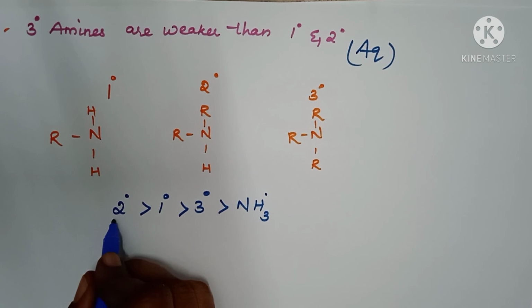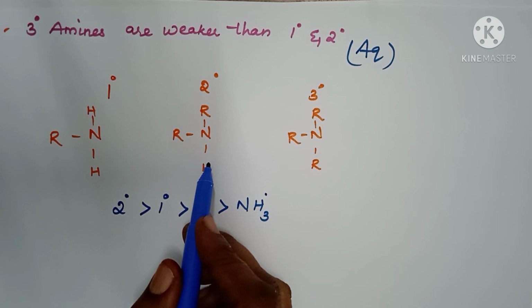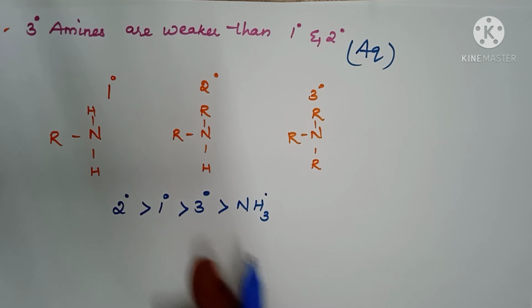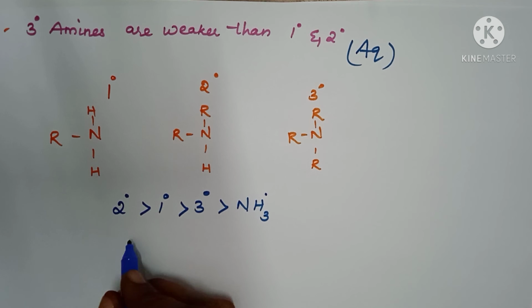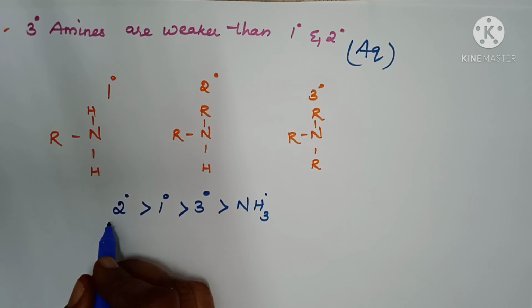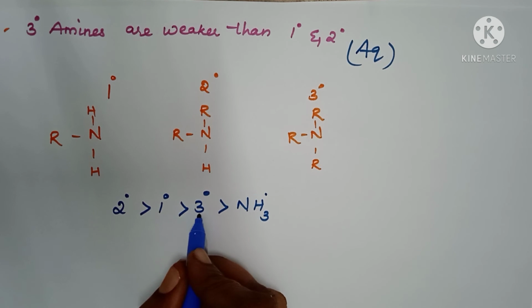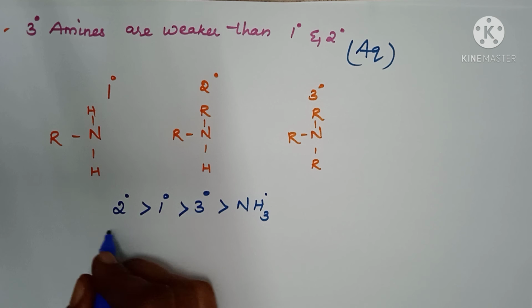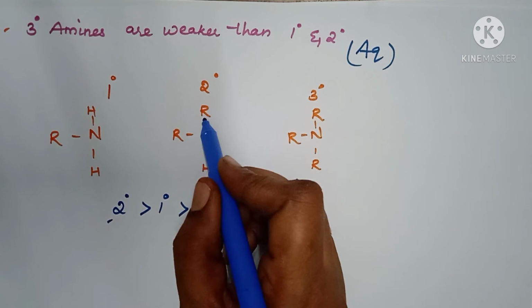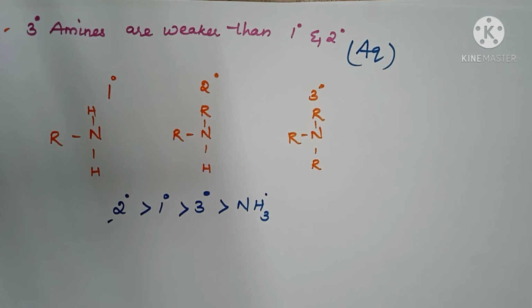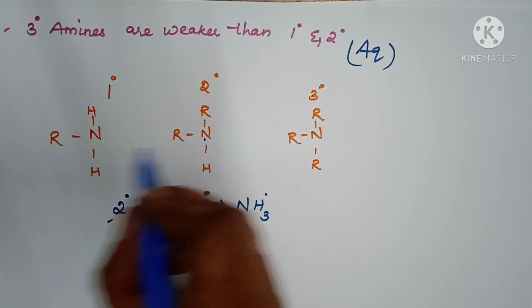Secondary amines are stronger than primary amines, and according to the solubility part, secondary amine, primary amine and then tertiary amine. Why secondary amine? Just now I told you, more alkyl groups are there, so it is ready to push the electrons faster than primary amine.